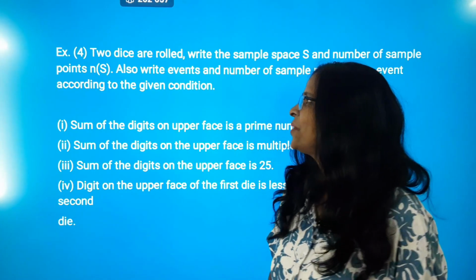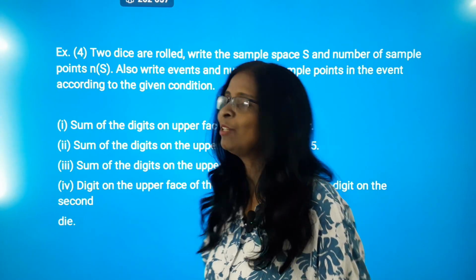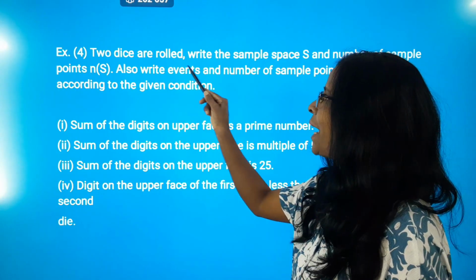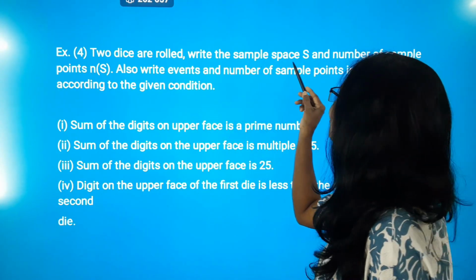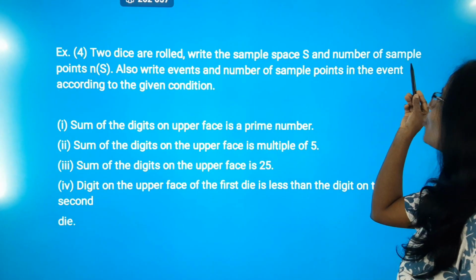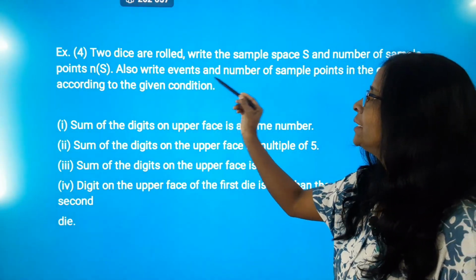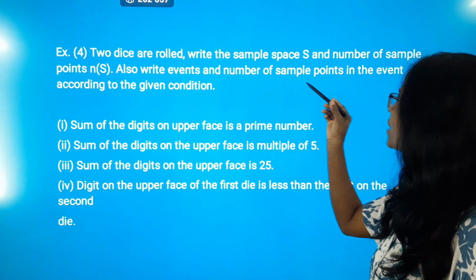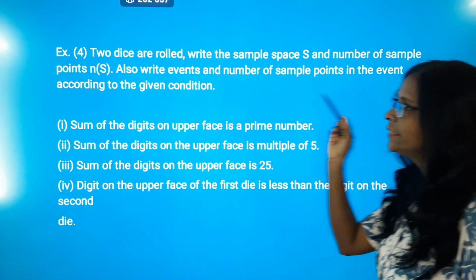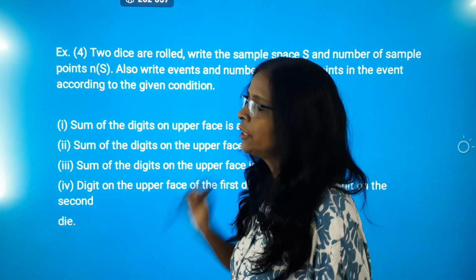Okay students, so now see example four: two dice are rolled. Write the sample space S and the number of sample points n of S. Also write the events and the number of sample points in each event according to the given conditions.